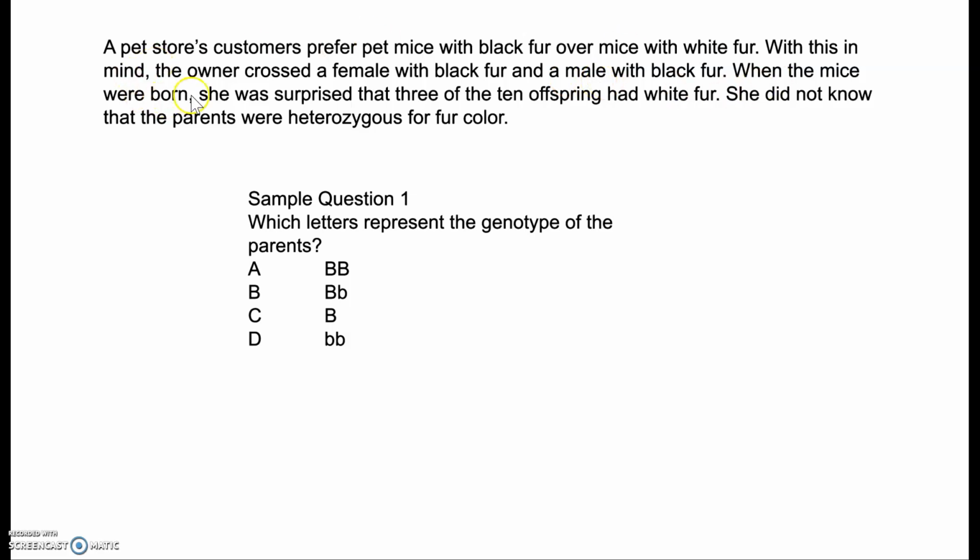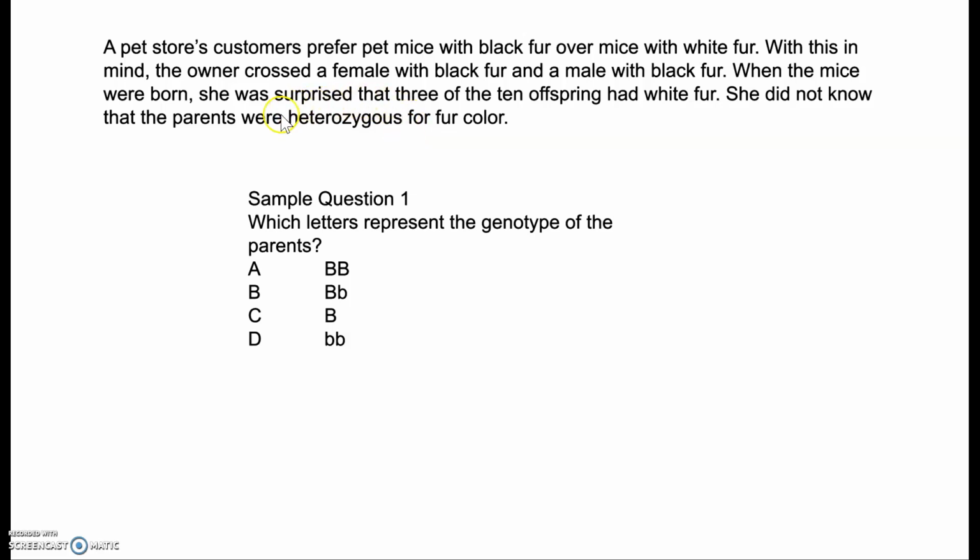When the mice were born, she was surprised that 3 of the 10 offspring had white fur. So one thing I would write down is 3 equals white. 7 equals black. She did not know that the parents were heterozygous for fur color.